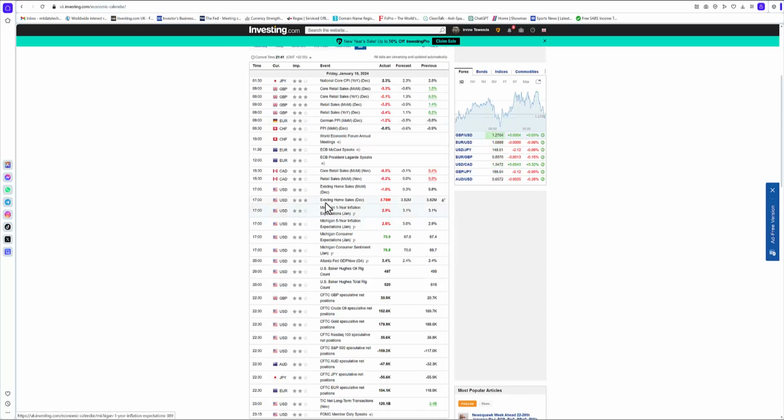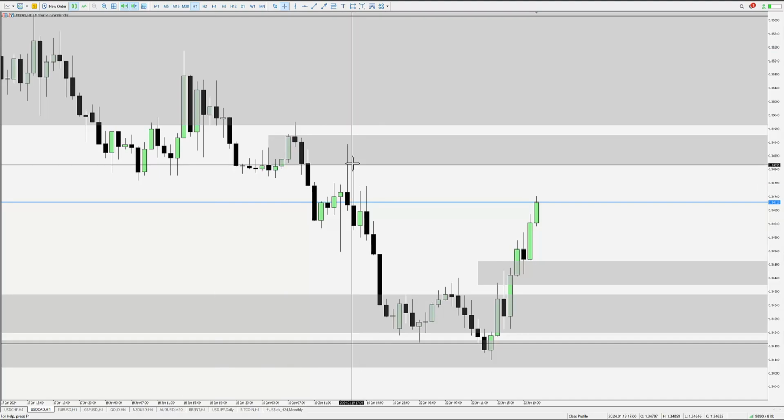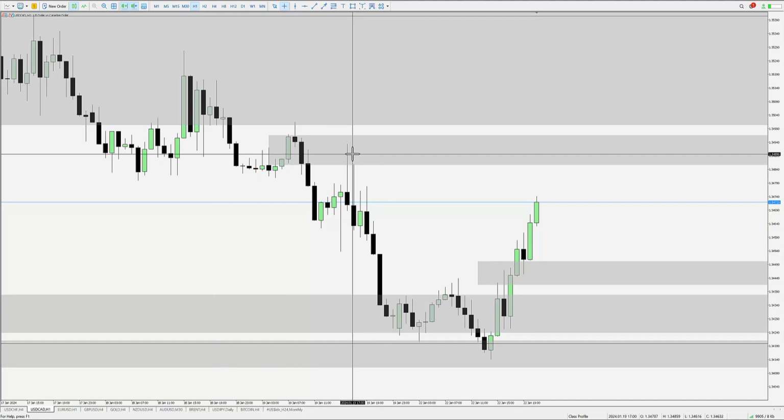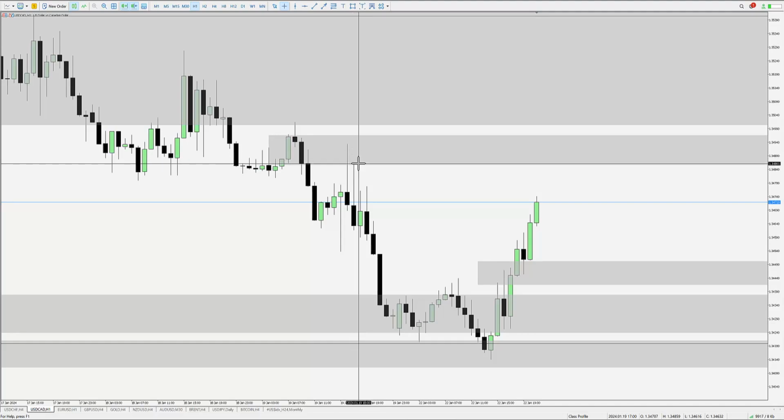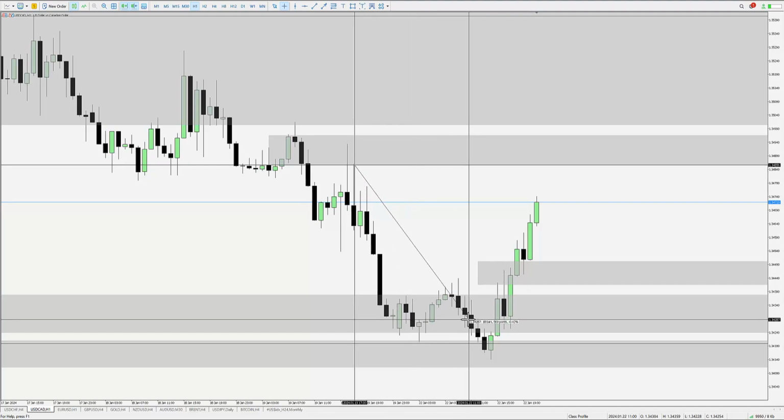You see, existing home sales came in hot. You see, negative release for dollar at 5 p.m. And then you go to the chart, you can see there 5 p.m. right there, price traded to an H4 bearish order block, and it tumbled only to find support inside an H4 discount area.